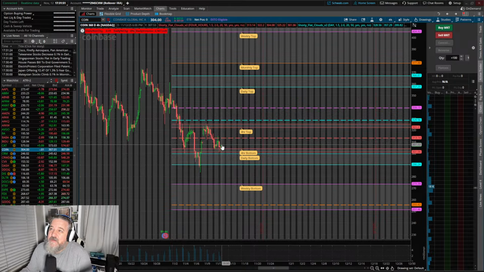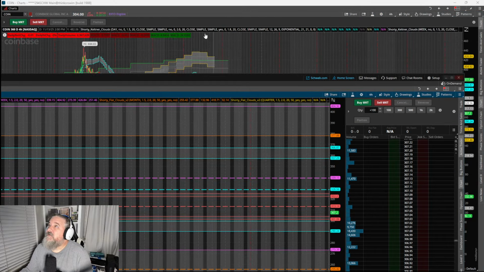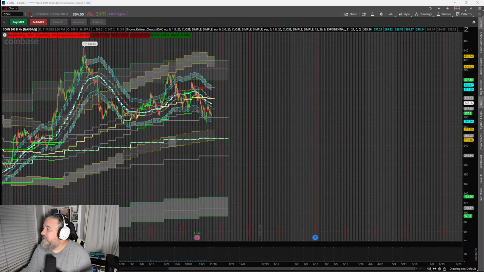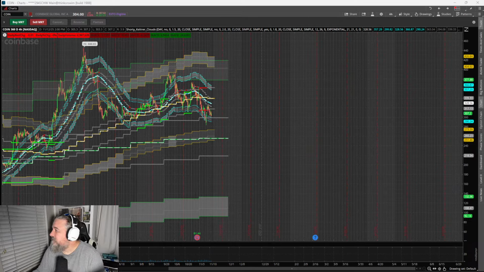So if price crosses over a certain level, I'll be hopping in. But we could also plan on getting in if we come down and tap 300 to play that to the upside. So let me close this now that I've shown you guys the setup.